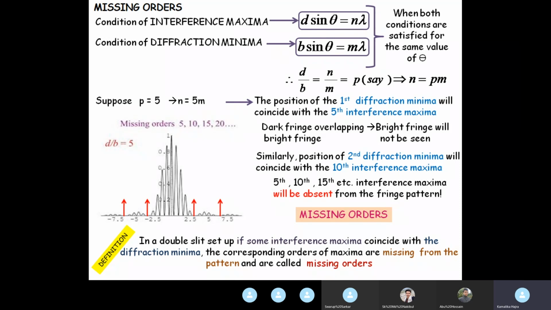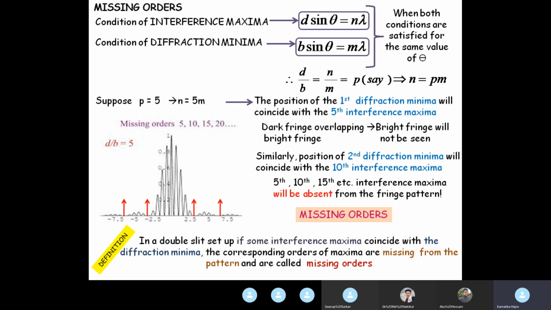So the ratio is A plus B by B. So the ratio in this case will be 3 plus 1 in the numerator and 1 in the denominator. So the ratio will be 4. All right. So in that case, the value of p will be 4, and which will be the missing orders? 4th, 8th, 12th, 16th, etc. fringes will be missing from the pattern, and they will be the missing orders.